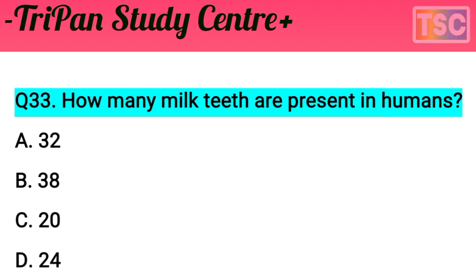Teeth start to appear as soon as children are born, and children usually have 20 teeth, called primary, temporary, or milk teeth. It means option C is correct here. Twenty milk teeth are present in humans. Let's see the next question here.